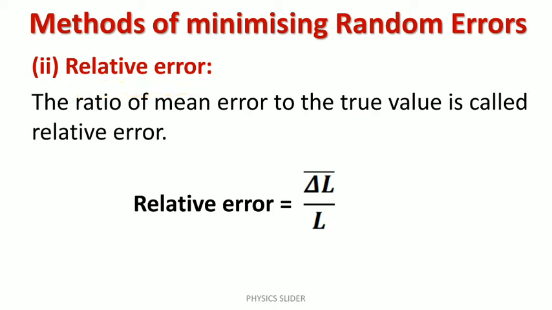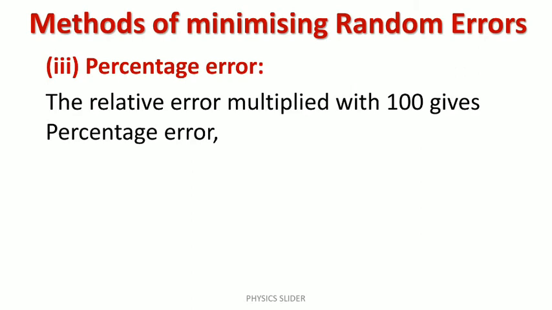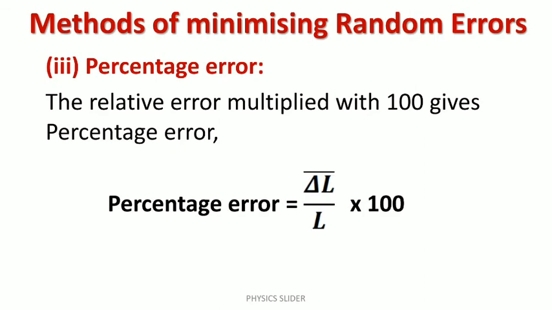All right, moving ahead, we have the percentage error. What is percentage error? Watch here. The relative error multiplied by 100 gives the percentage error. As we have already calculated, the relative error is delta L bar upon L. When we multiply this relative error by 100, we get the percentage error.